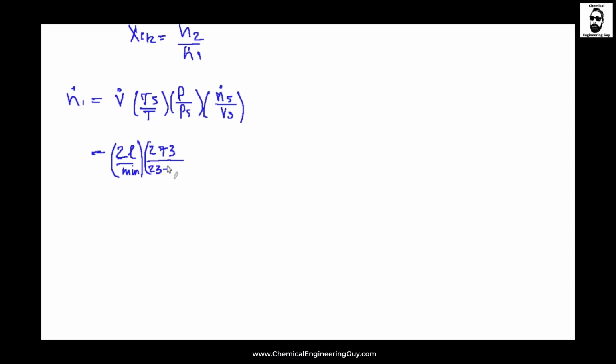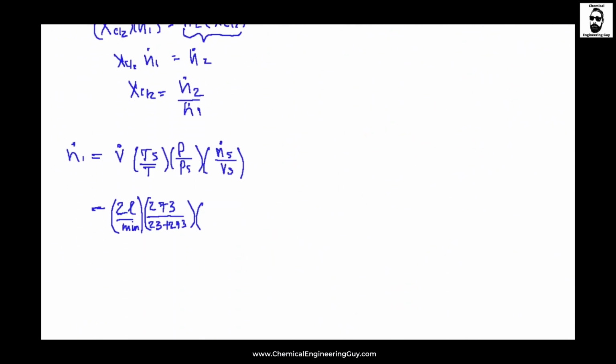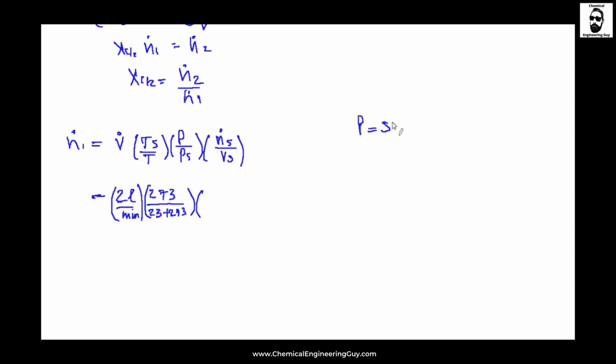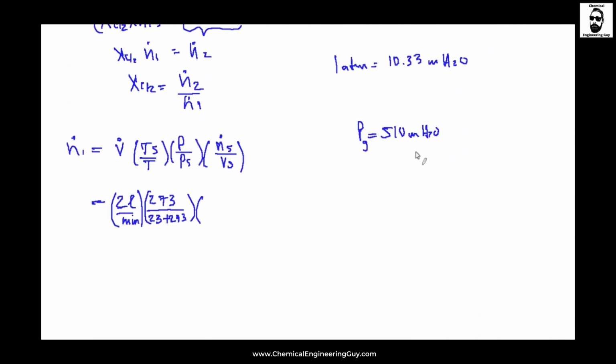Then 23 plus 273. Pressure, I don't have it, but yeah, I think we need to check it. It's 510 gauge, so pressure is 510 millimeters H2O gauge. So just to let you know, 1 atmosphere equals 10.33 meters of H2O. So if I have 500 millimeters, it is almost nothing. So let's change these to millimeters.